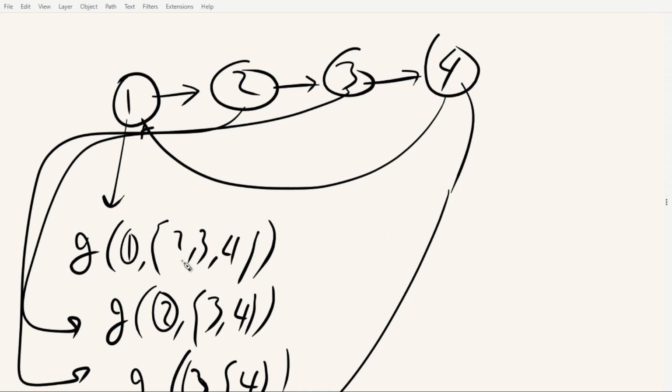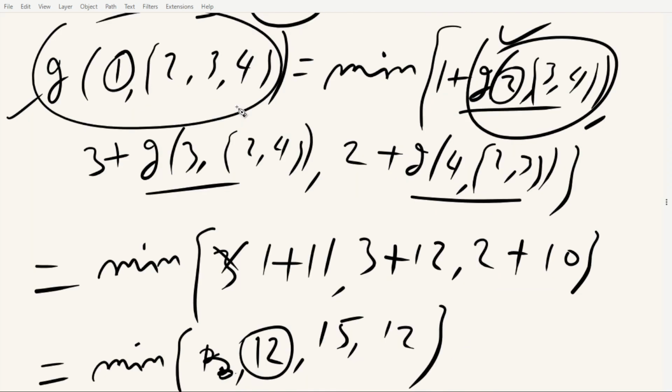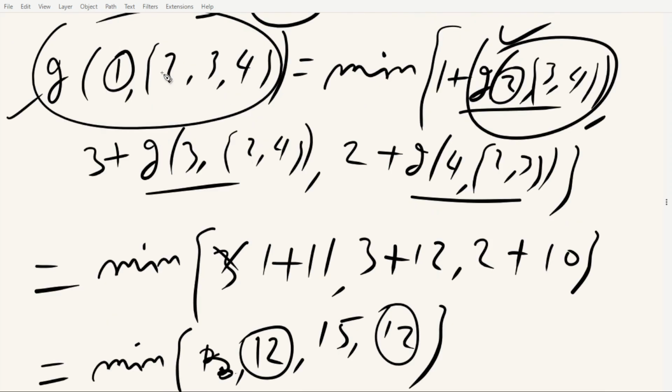If you consider our original solution G1 2 3 4, there are two possible minimums. For the first option we move to 2, for the other option we should move to 4, so that this time our subproblem is G4 2 3.